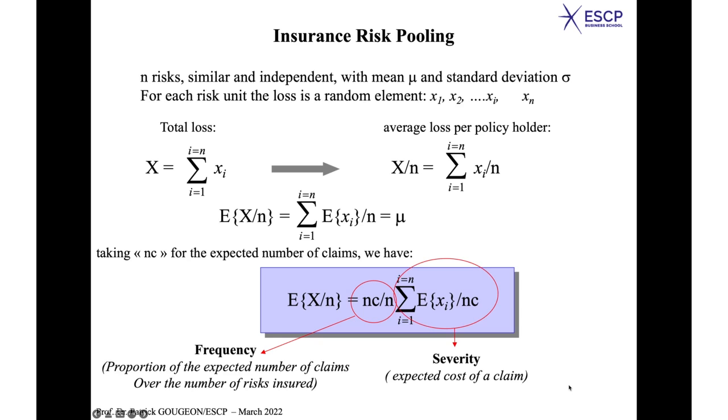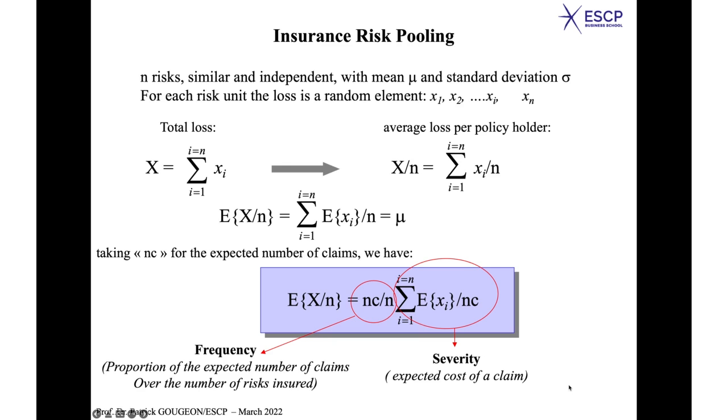You see that NC over N is the proportion of occurrence over the total population, the proportion of the expected number of claims over the number of risks insured, which is what we call the frequency. If, for instance, you find 2%, it means that if you have a population of 1,000 risks, 2% means 20 of them, you will have 20 cases for which you will have a payment to make. Okay? So I think this concept of frequency is clear.